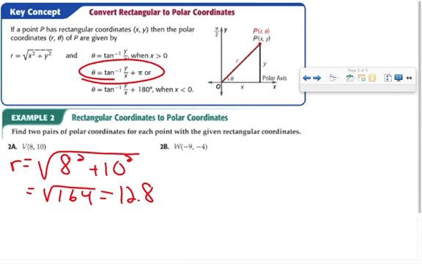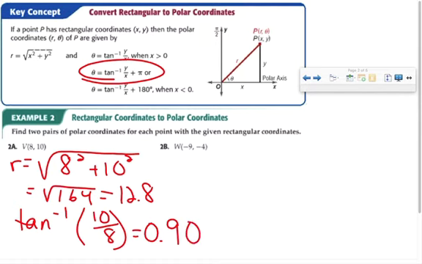And the theta, I'm going to take the inverse tangent of 10 over 8. And I'm going to make sure that my calculator is in radian mode when I do that. So when I take the inverse tangent of 10 divided by 8, I get approximately 0.90.